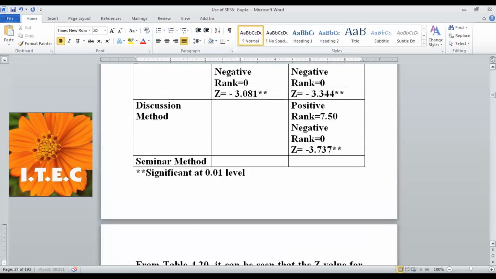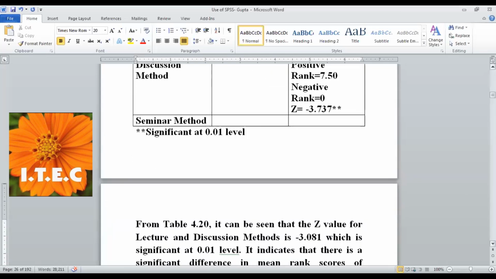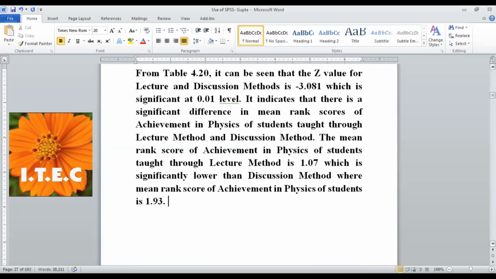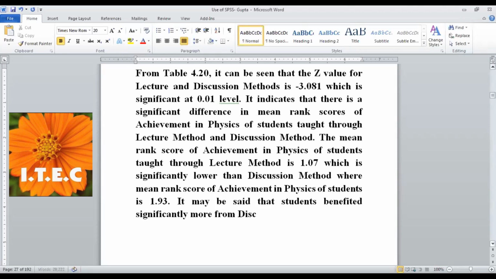What was it? It was 1.93. So it may be said that students benefited significantly more from discussion method as compared to lecture method.